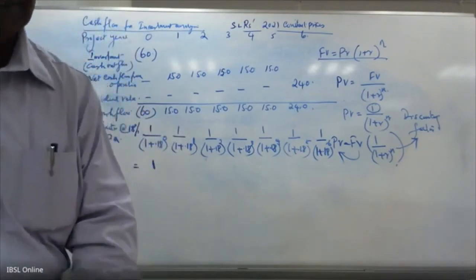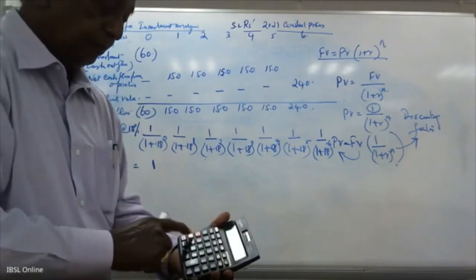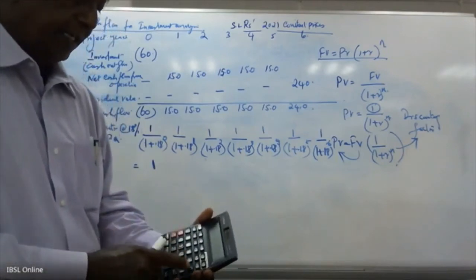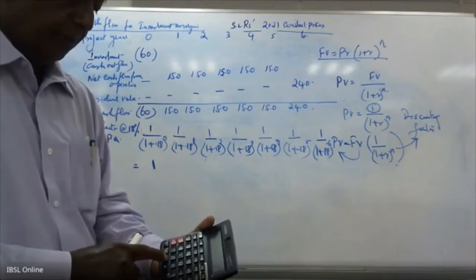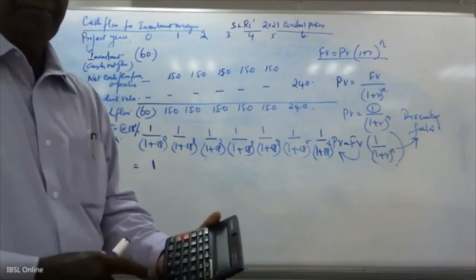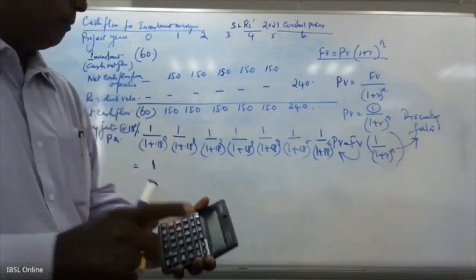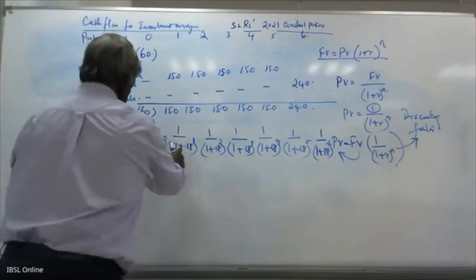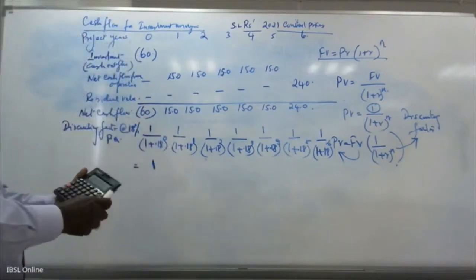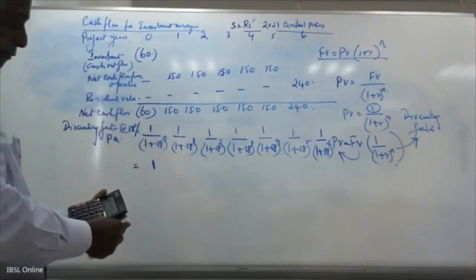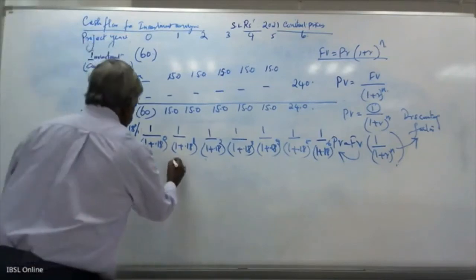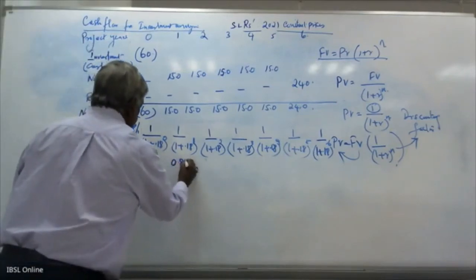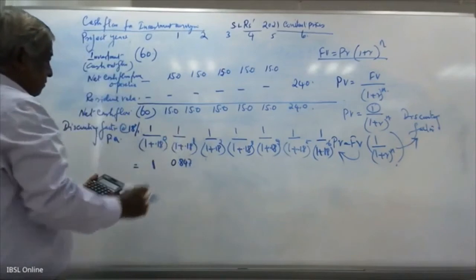Then 1 divided by 1.18 on the simple calculator, equal sign, 0.847.